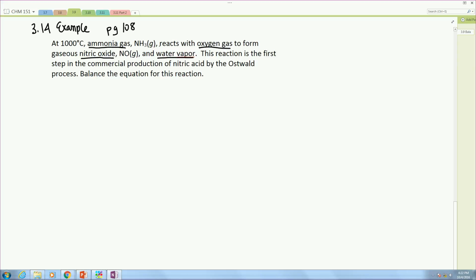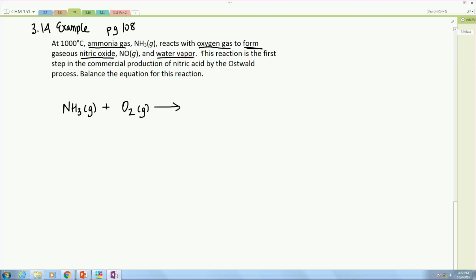So it says ammonia gas reacts with oxygen gas to form nitric oxide and water vapor. So we are starting out with ammonia gas. They gave us the formula for that. It's NH3, and it's a gas, plus oxygen gas. Oxygen gas is always O2.